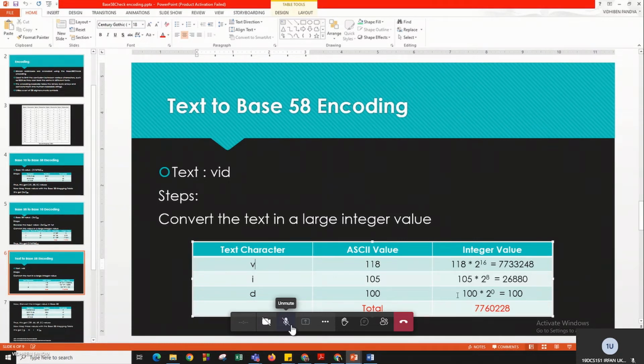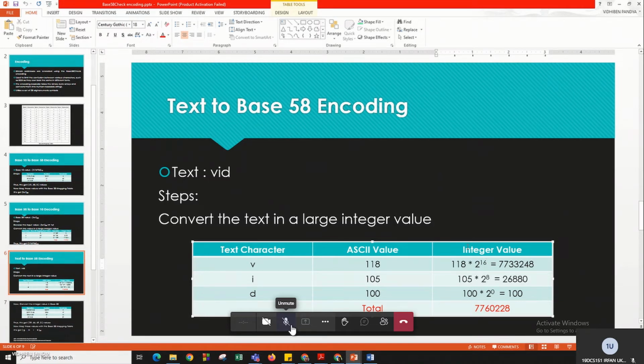The last character is multiplied by 2 raised to power 0. The one above it gets 2 raised to 8, and the one above that 2 raised to 16. If there is a fourth character, it gets 2 raised to power 24.